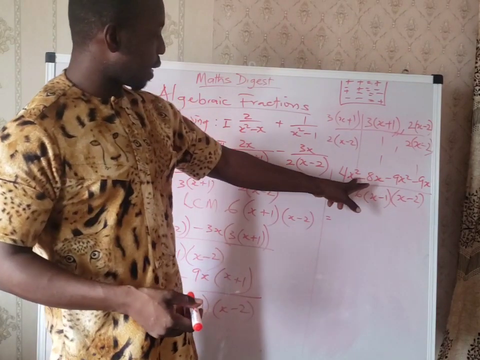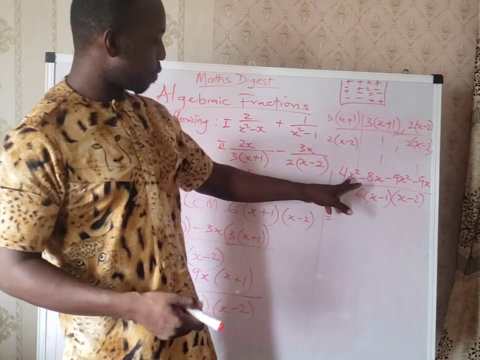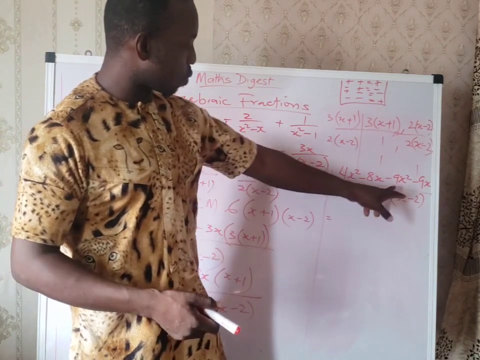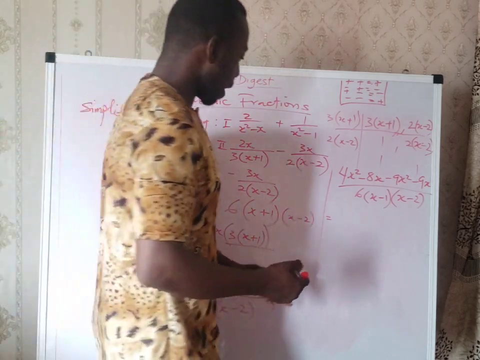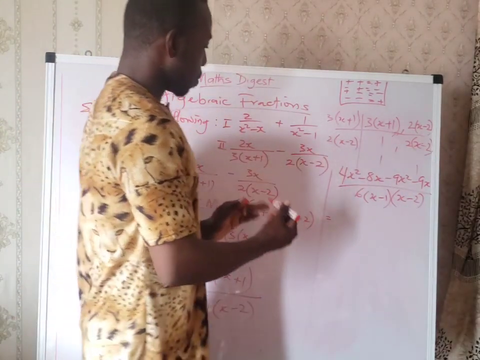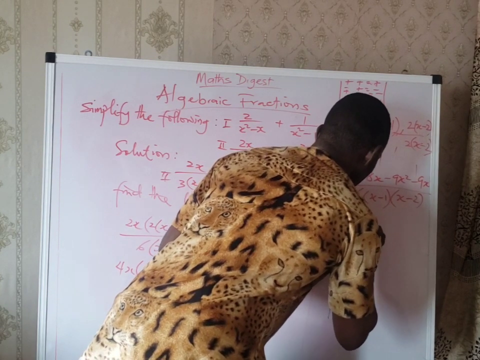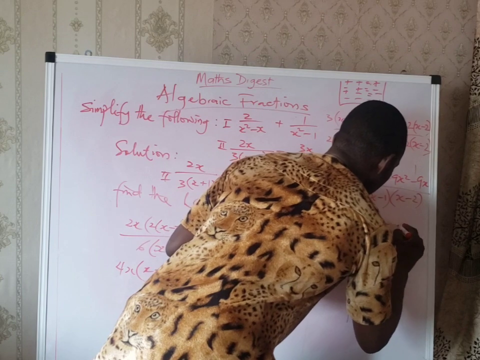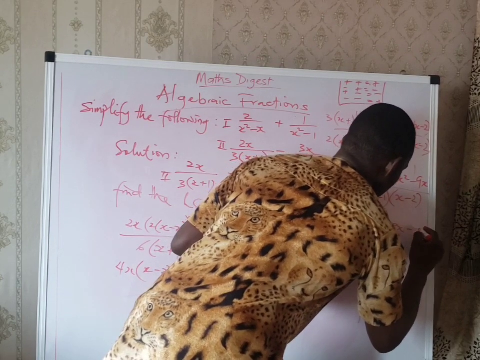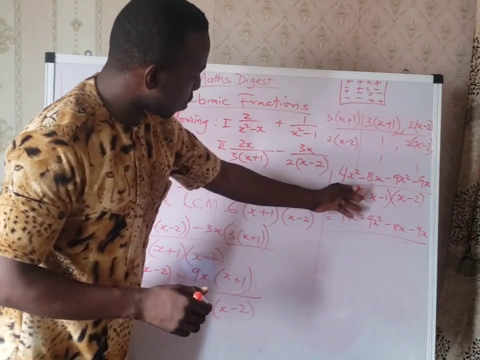We have the one that has power of 2, x raised to power 2. We have 4x raised to power 2 and minus 9x raised to power 2. So at this point, we bring them together so that we can sort it out. So that is it. Now we return down the LCM.